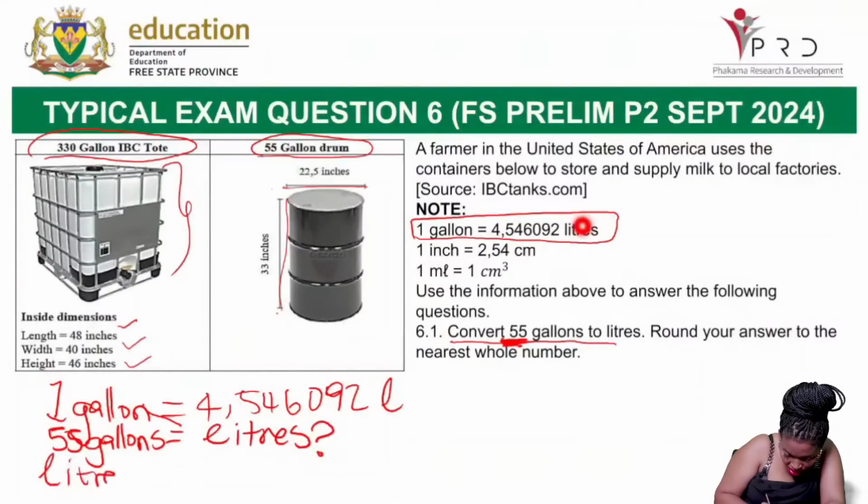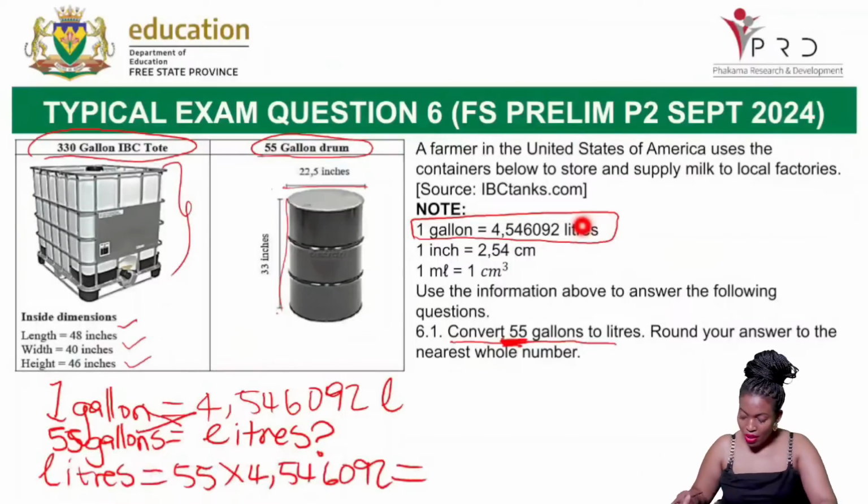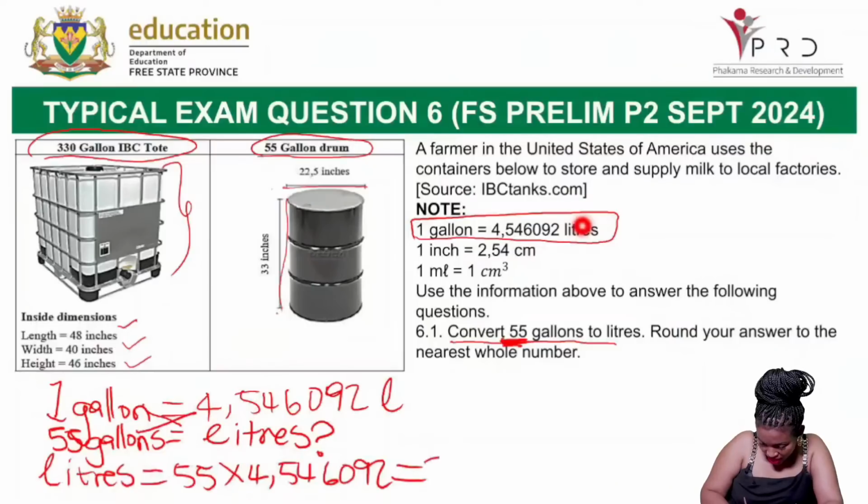So the liters equals 55 multiplied by 4.546092. So we are going to punch this in our calculator.